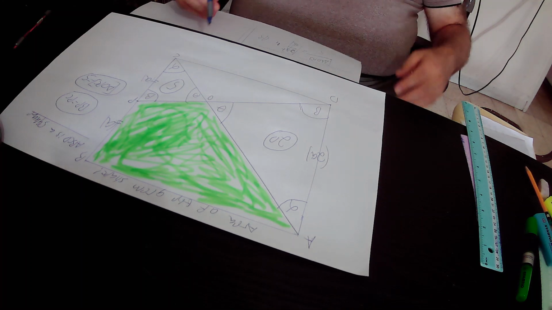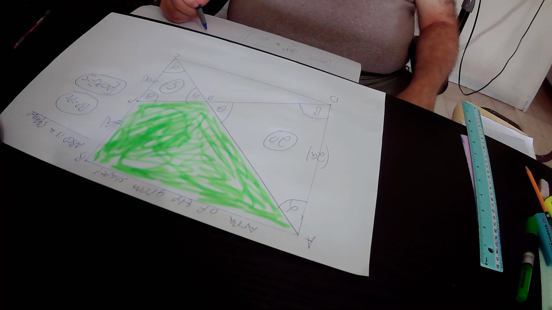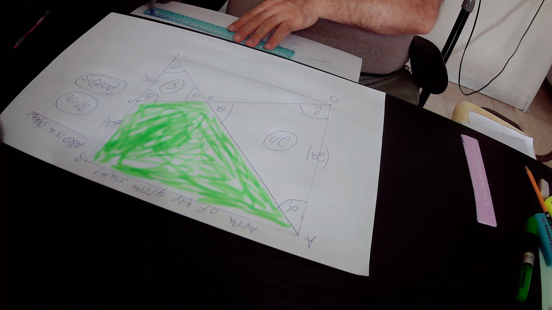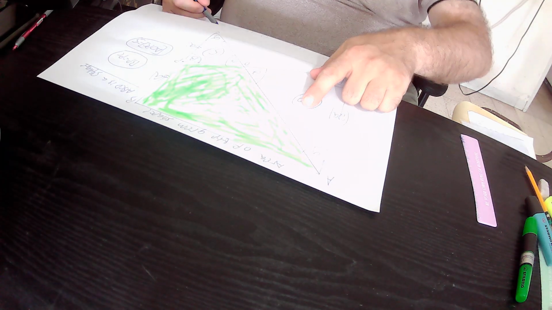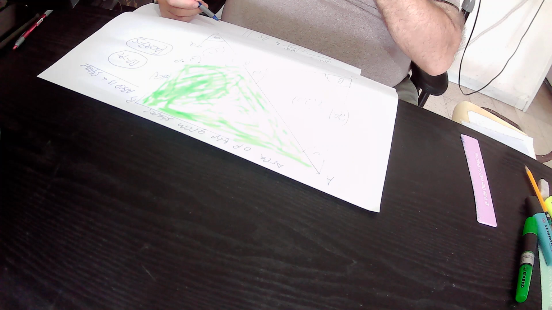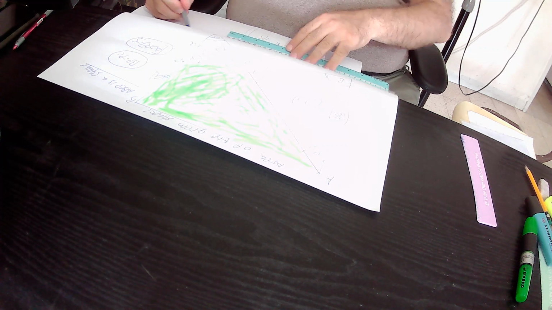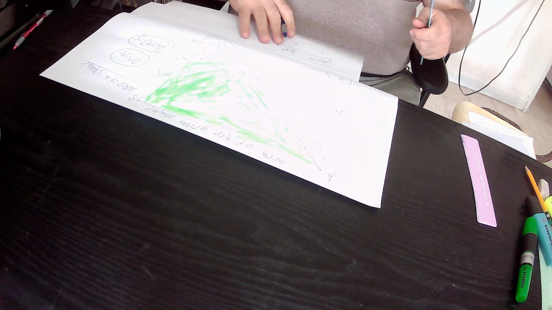AD is 2A over PC. PC is A, and it is equal to AO over OC. Read again.